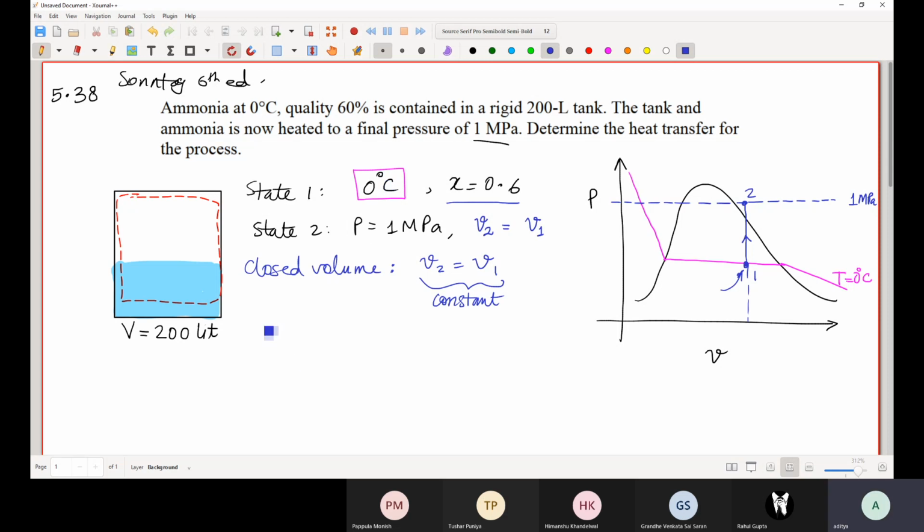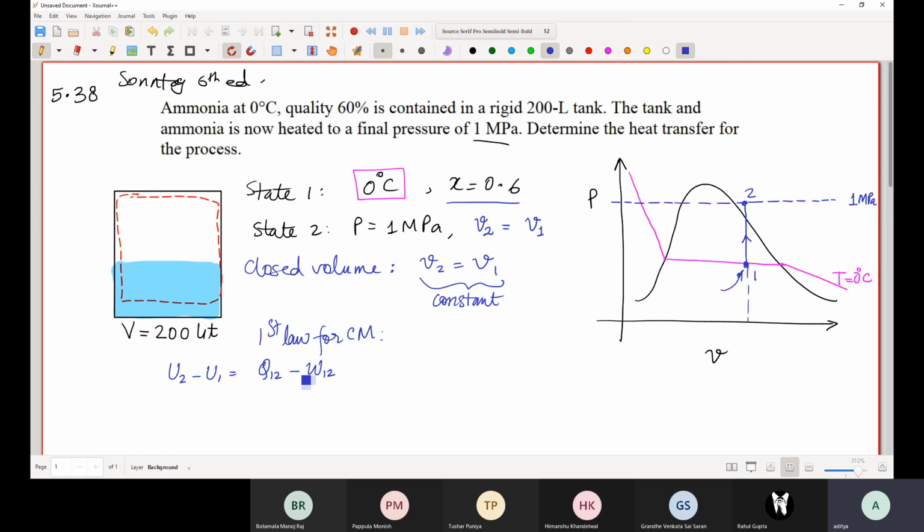So the strategy would be as follows. We will write down the first law for the control mass, wherein we have Q12 minus W, let me just use our old notation. U2 minus U1 is equal to Q12 minus W12.